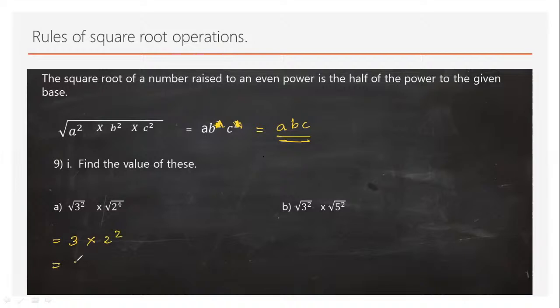Then you get the answer 3 into 2 into 2. 3 times 2, 6, times 2, 12 is the answer here. And you can see here 3 to the power 2 into 5 to the power 2. 3, then 5, that is 3 times 5, 15 here. Right, write down this.